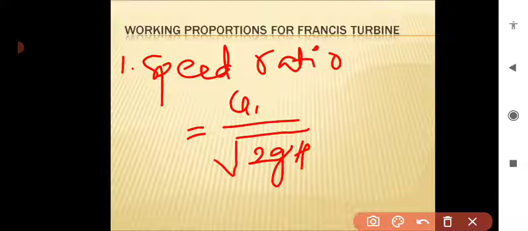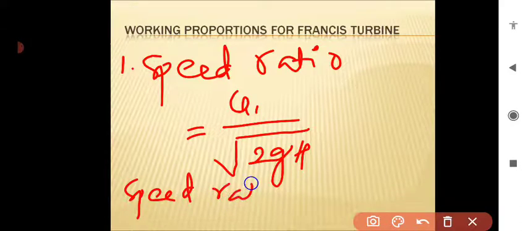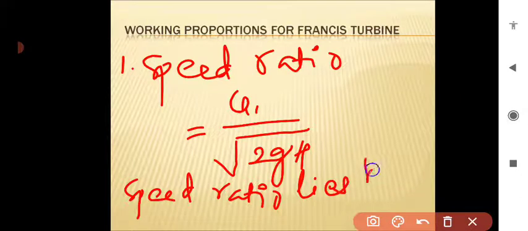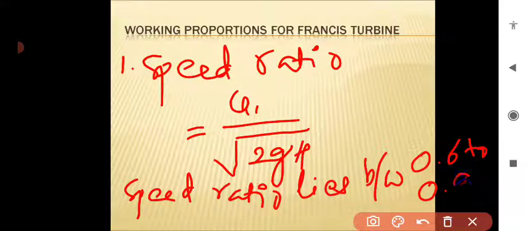The speed ratio lies between 0.6 to 0.9.